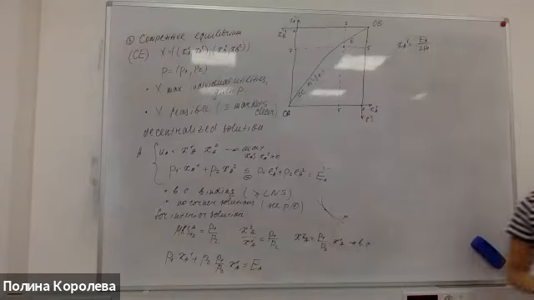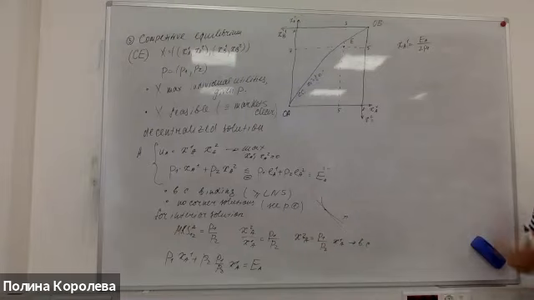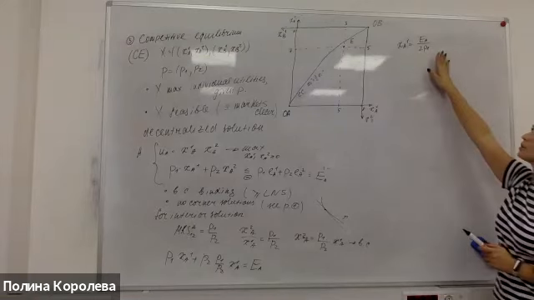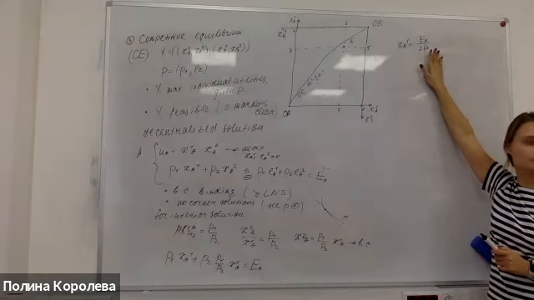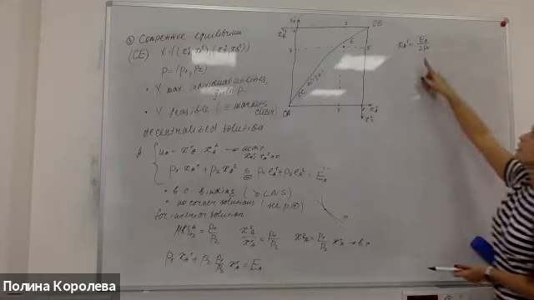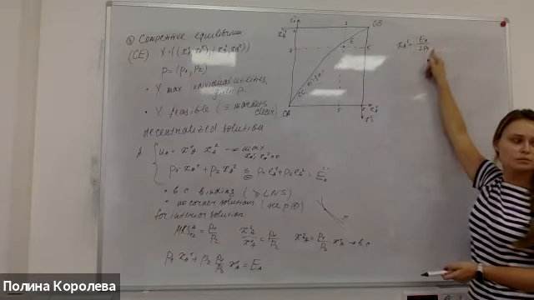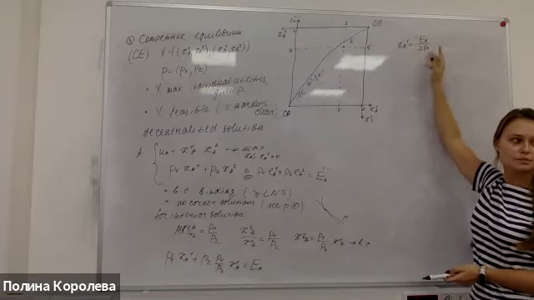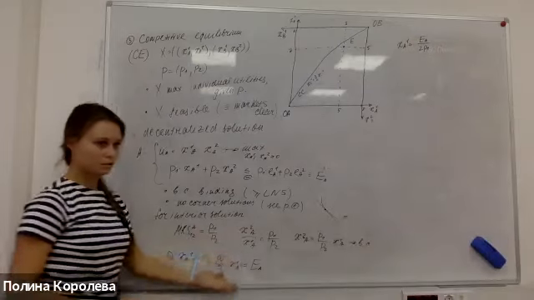Actually, maybe you remember that this is a Cobb-Douglas function, and we know the formula for demand. You don't remember? Alpha divided by alpha plus beta, multiplied by income divided by the price. But if you don't remember, you will use this.